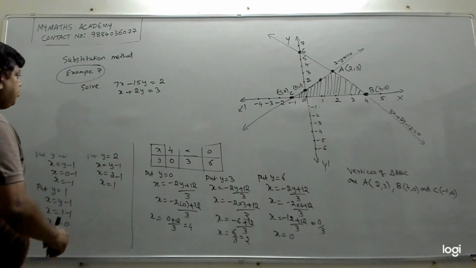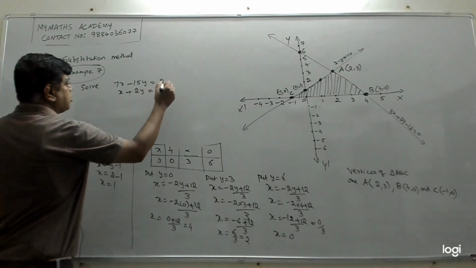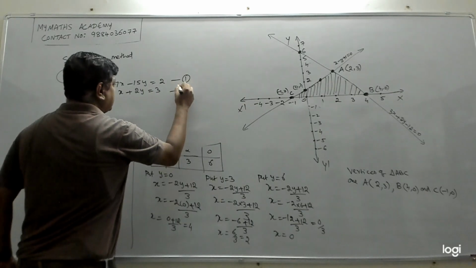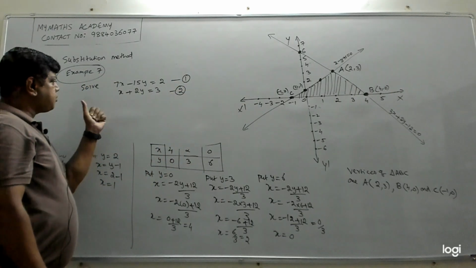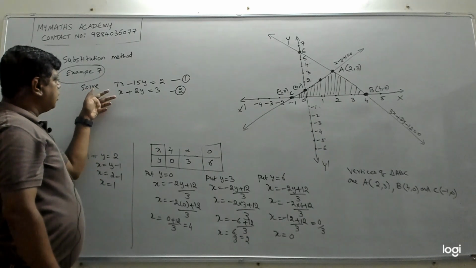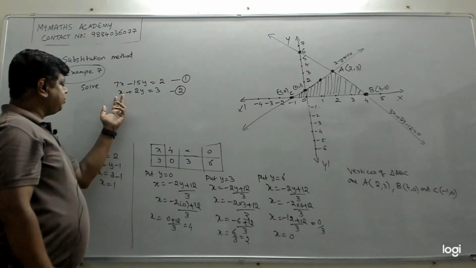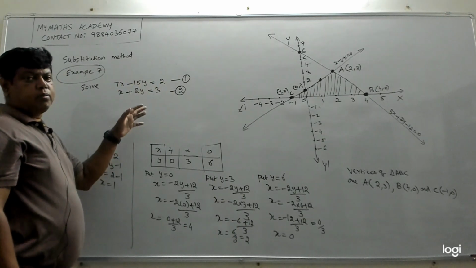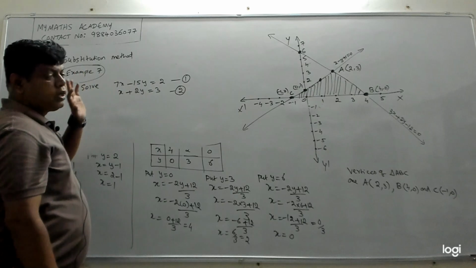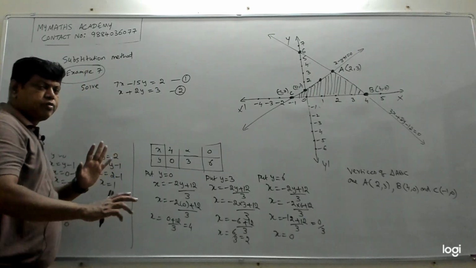Now, how do we solve using the substitution method? It is a very simple, very easy method. First we need to find a variable's value in terms of another variable and substitute it in one of the equations. It may be a little confusing.